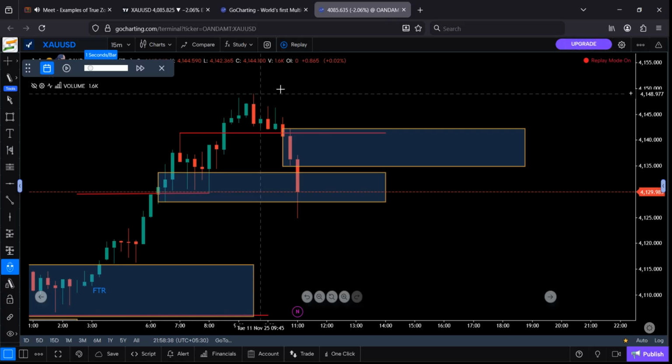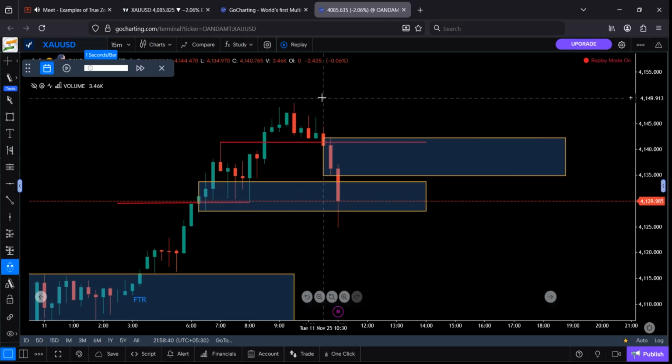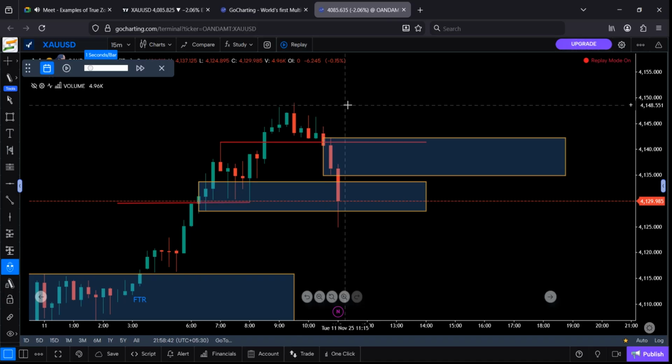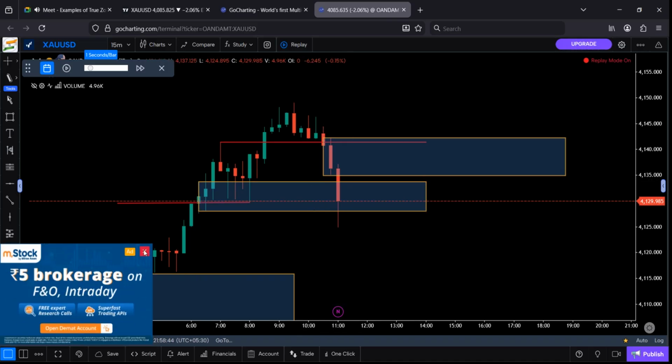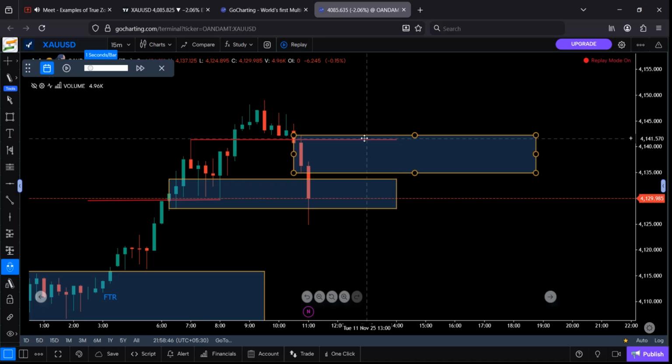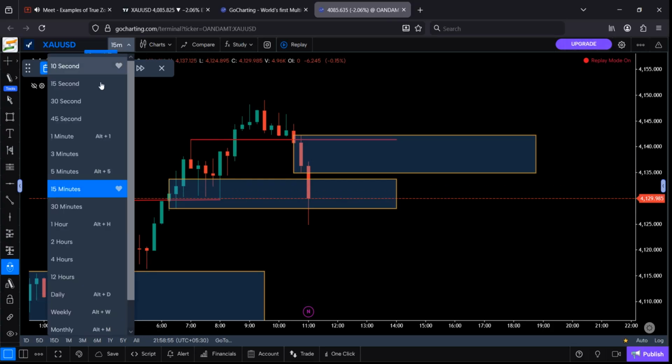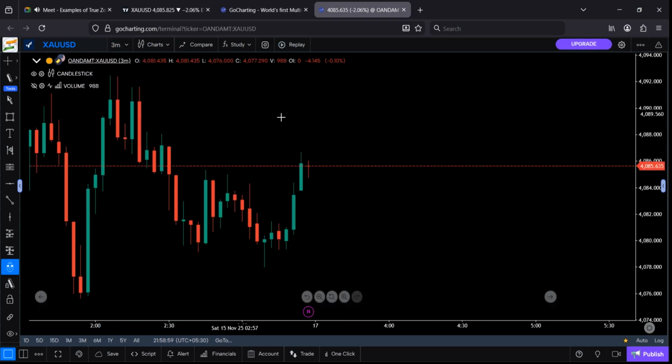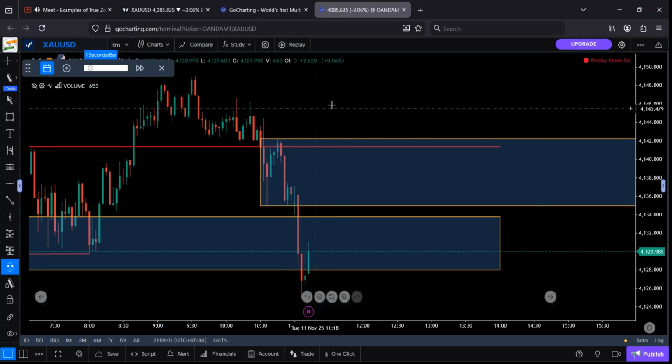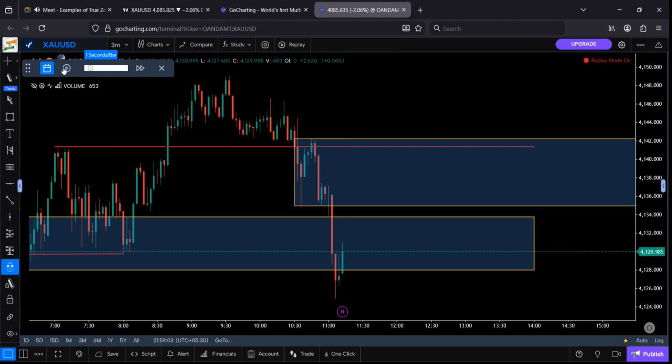This high is hitting the true zone or not, we don't know anything. Okay, so what we will do, we will go on a lower time frame and wait for price to come back here again. We will go on a lower time frame like 3 minutes. Okay, and let's play.